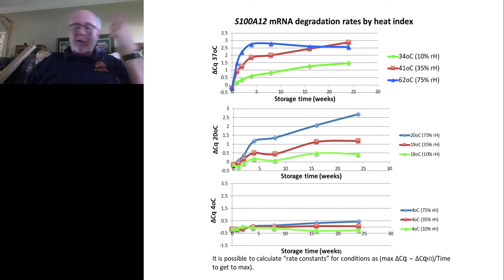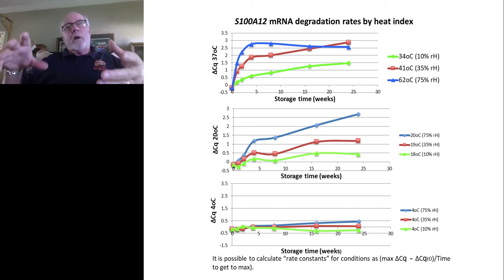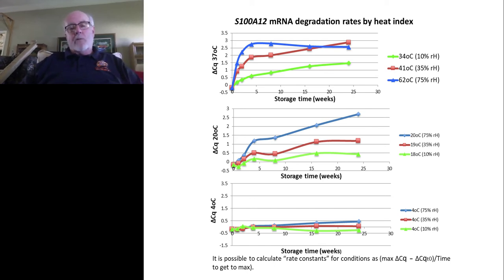In trying to consider this data and digest this data, one wants to try and have a description of an environmental condition that's defined by a single mathematical value. So in thinking about this problem, what came to mind was the use of a heat index value.